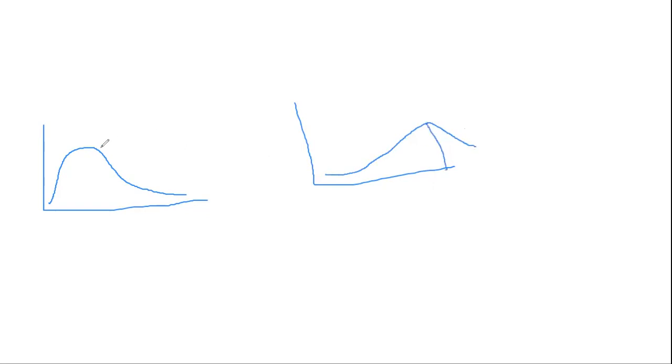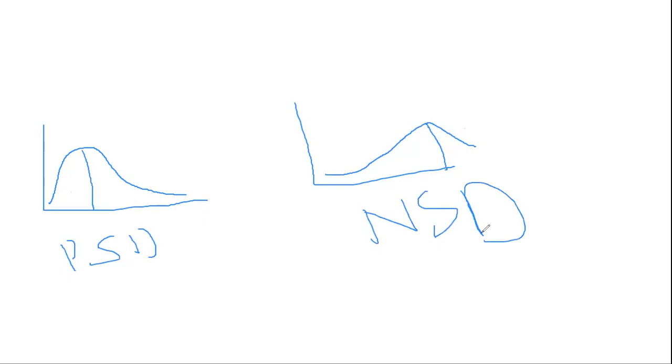See, this is the right hand and left hand. When you observe, this is a positive skewed distribution, and this is a negative skewed distribution. This is the positive way, and this is the negative way.